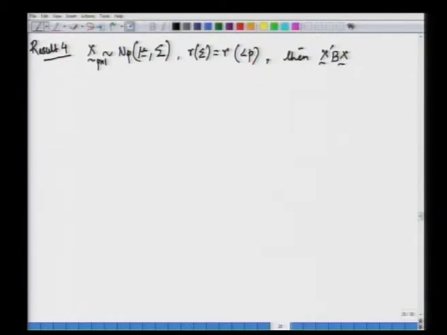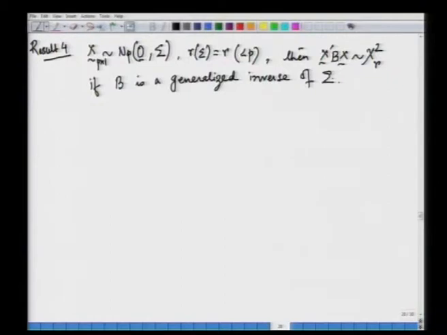Let us take a simplification here, when this can easily extend to the non-null mean vector also, but let us state it in this form, so that we consider simply X transpose instead of taking X minus mu transpose, and this as a result follows the standard chi-square distribution with R degrees of freedom, which is the rank of the sigma matrix, and the condition on the associated matrix B is that B is a generalized inverse of sigma.